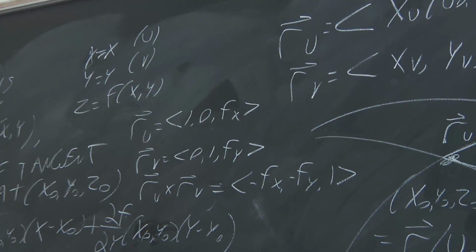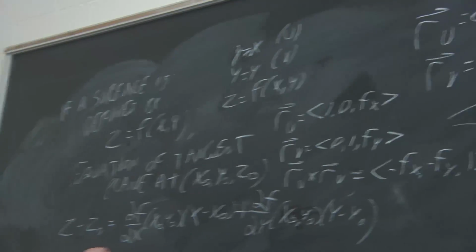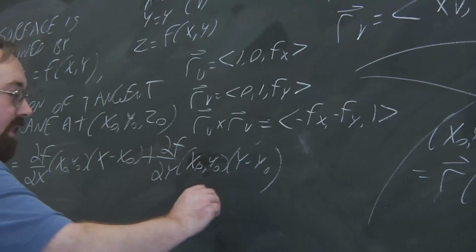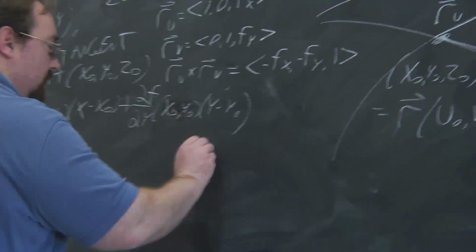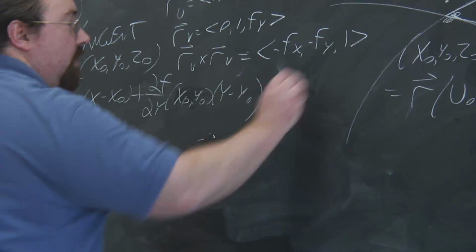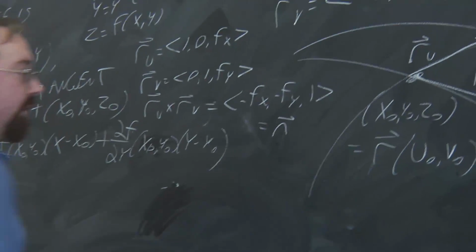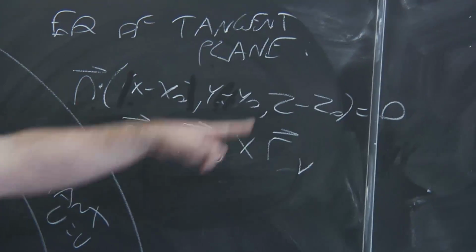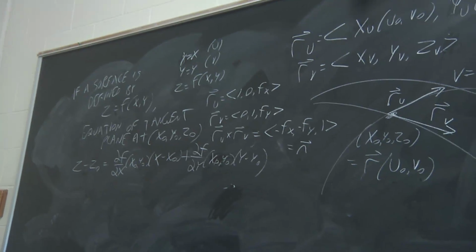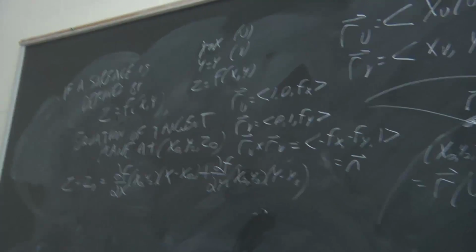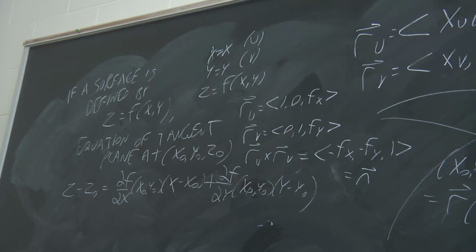We'll call that n. So when you compute n dot product with x minus x naught, y minus y naught, z minus z naught, you get exactly this. So it's all the same. We're just working with a more general description of surfaces than we had before.